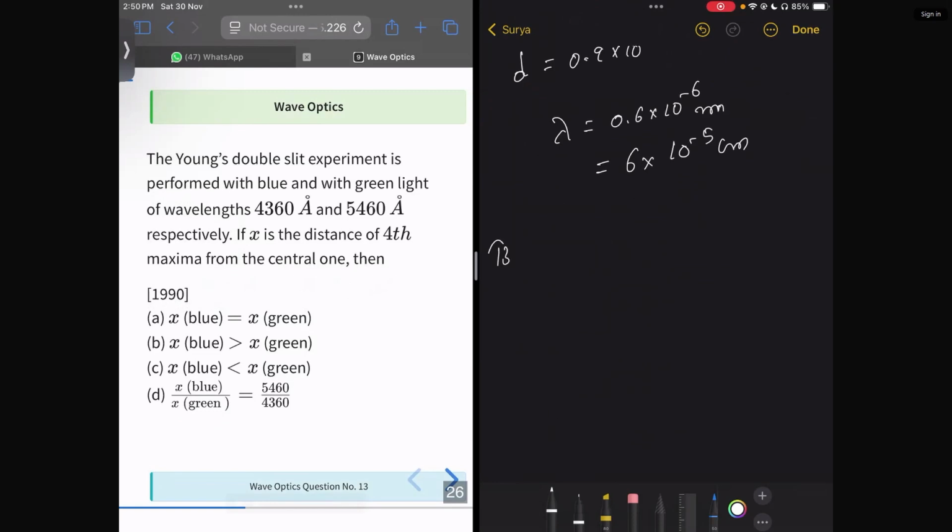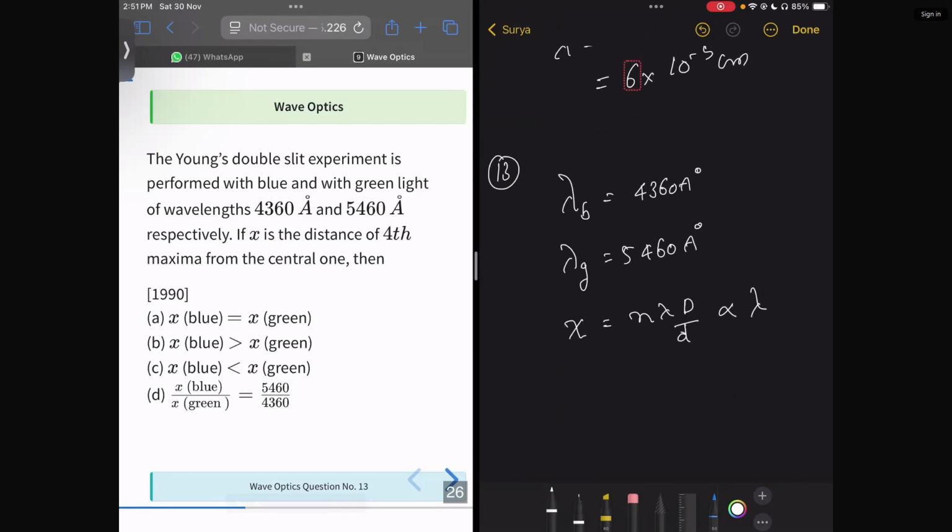So next question, 13th question. Young's double slit experiment is performed with light of wavelengths lambda blue 4360 angstroms and lambda green 5460 angstroms. If x is the distance from the central maximum to the fourth maxima, then x is equal to n lambda D by d, so x is directly proportional to lambda.